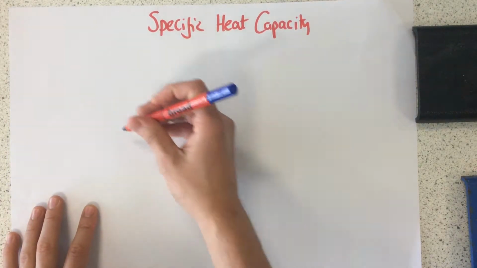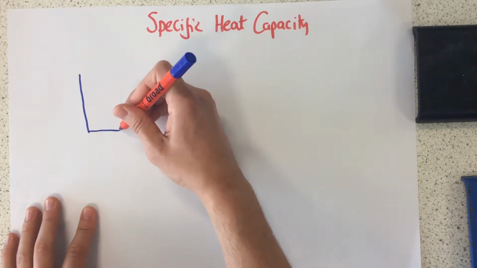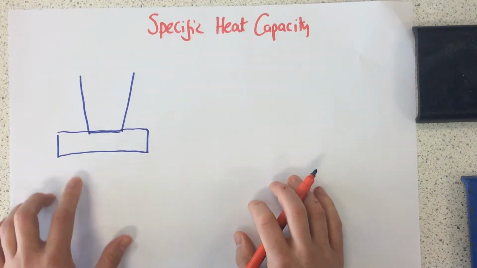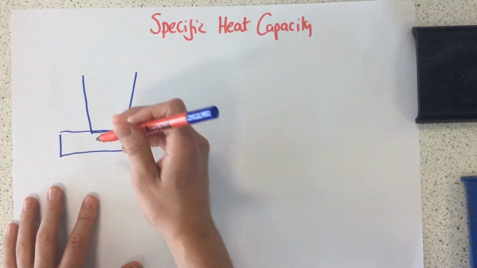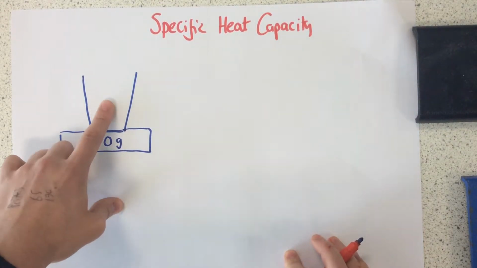So the first thing I need to do is I get my container and I'm going to put it on an electronic balance. So let's say at the beginning my electronic balance reads 100 grams. So that's without the substance in it.